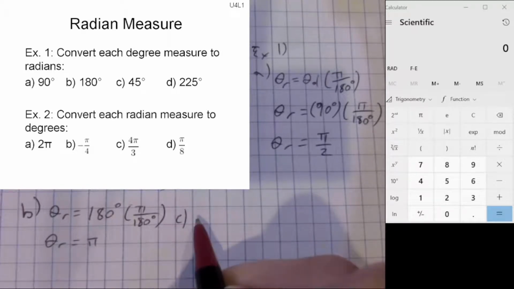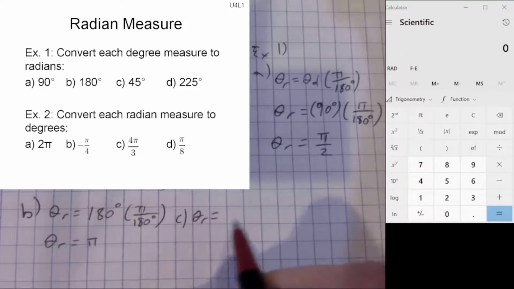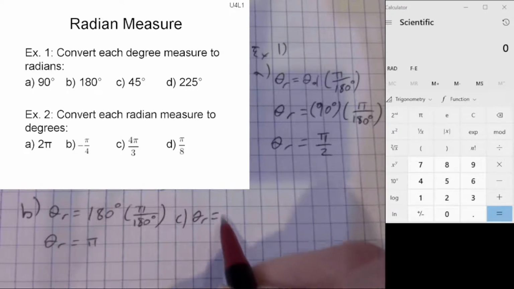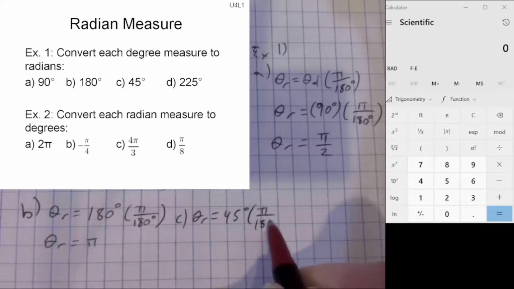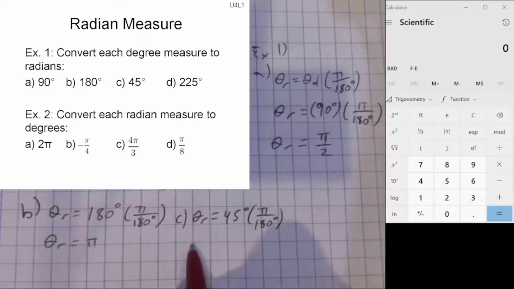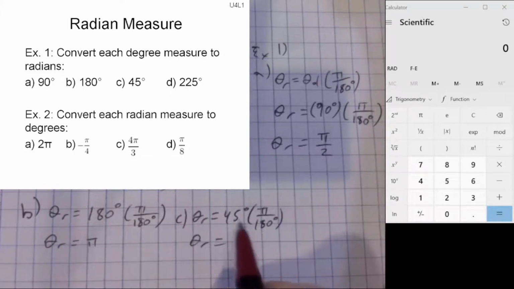For C, we have 45 degrees times pi over 180 degrees. 45 divided by 180 is equivalent to having a 4 in the denominator. And of course the degree units are gone. So our angle in radians is pi over 4 radians.